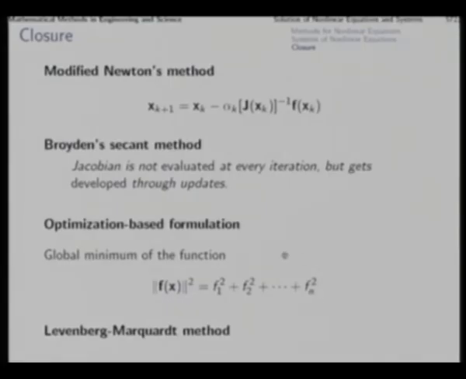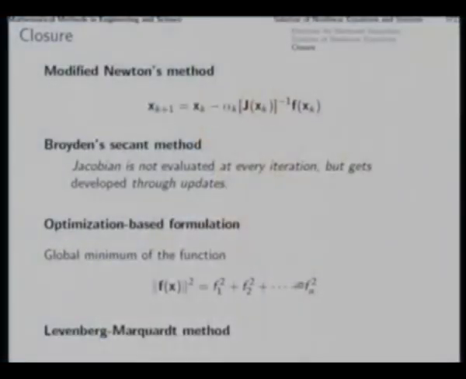So, this kind of optimization based formulation for a nonlinear system of equations is typically the best among the nonlinear equation solving processes. After you formulate it like this, in principle you can use any optimization method to minimize this function, but in practice we find that some methods perform better in this kind of problem, some other methods do not do so well.